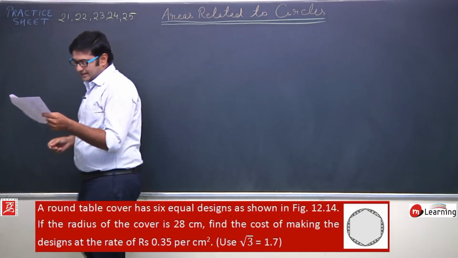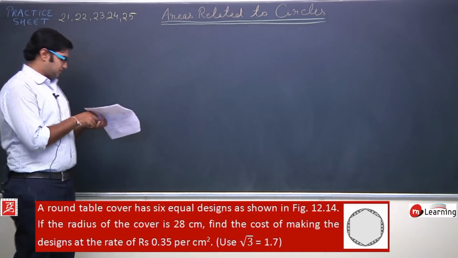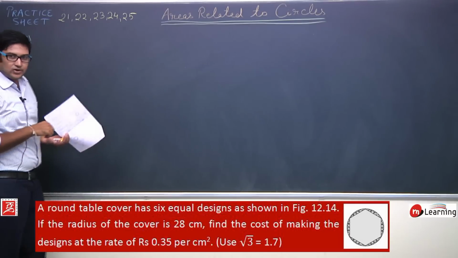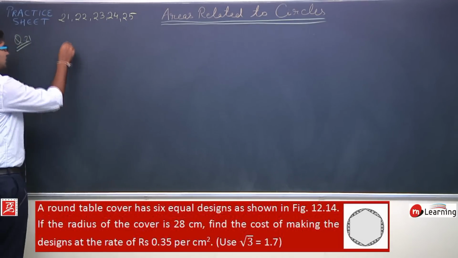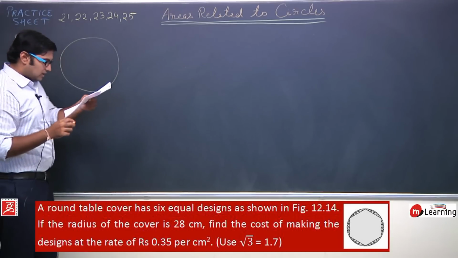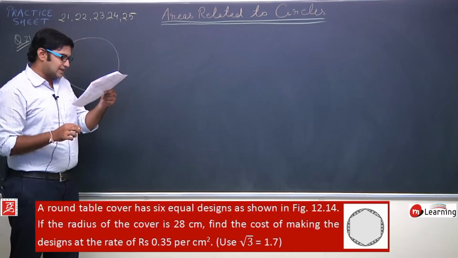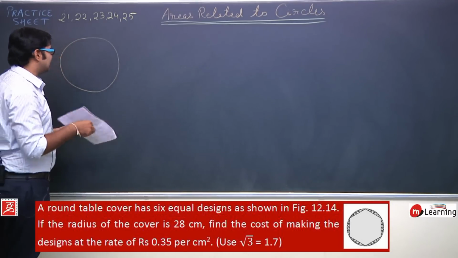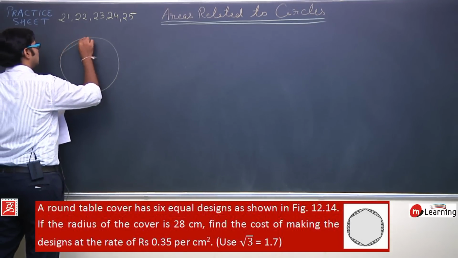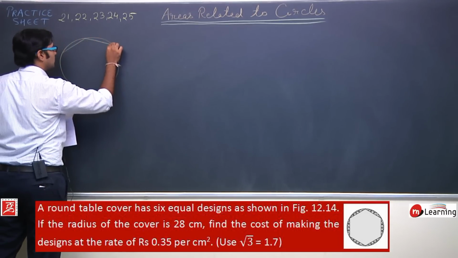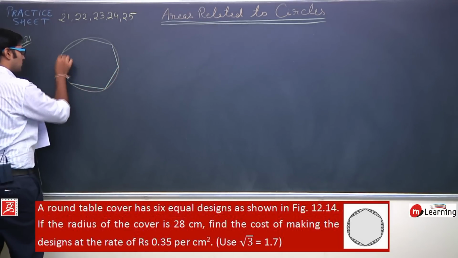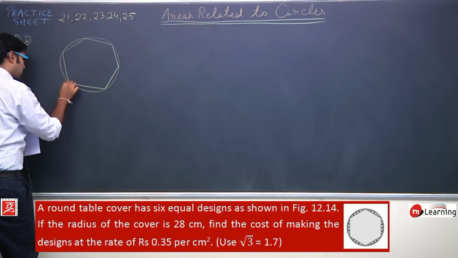Okay, so what it says is there is a round table. So first let us draw a round table, and in this round table we have 6 equal designs. The designs are like this.